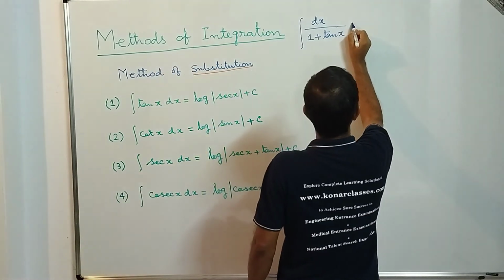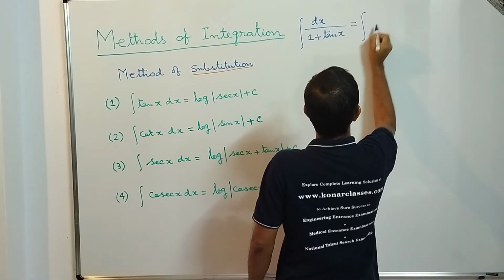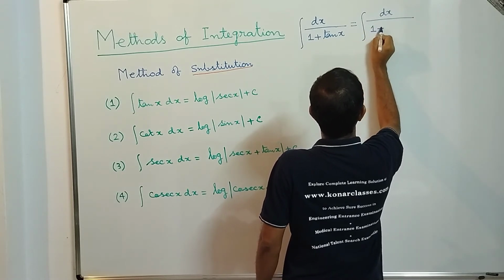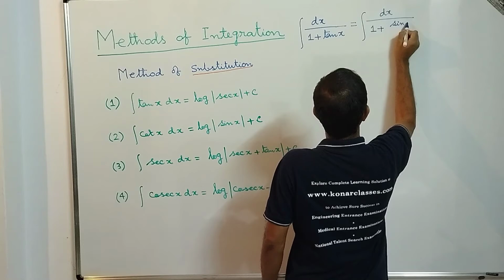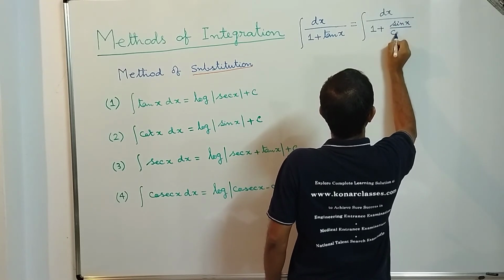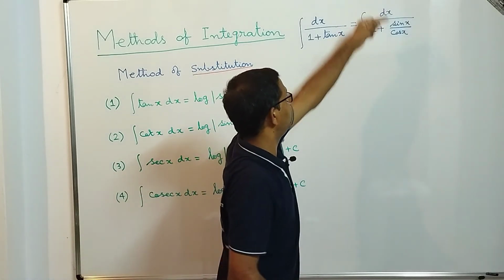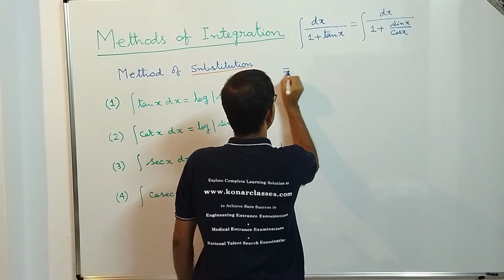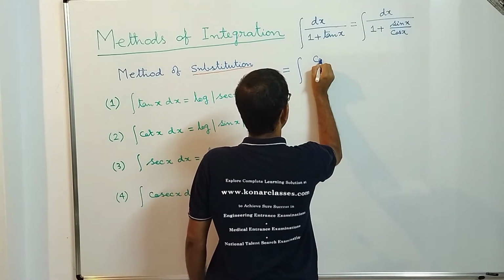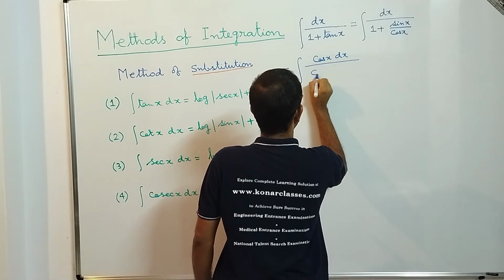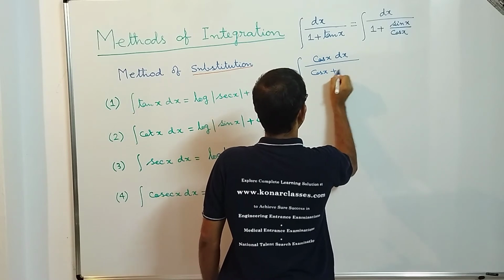We should write this as the integration of dx divided by 1 plus sin x divided by cos x. Now, dear students, this cos x will go to the numerator. So what we get is the integration of cos x dx divided by cos x plus sin x.